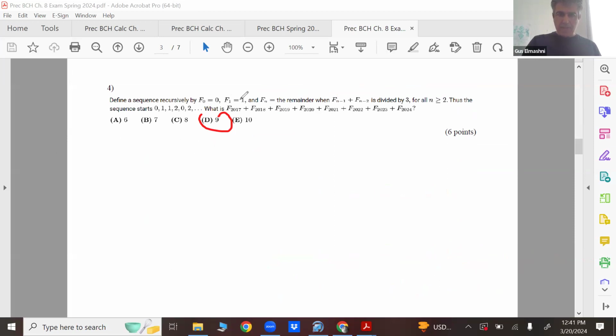If you plug in 2 for n, you get 1. 1 divided by 3. Yeah, it starts at a 0. It repeats. The pattern goes like this, basically: 0, 0, 2, 2, 1, and then repeats after that.